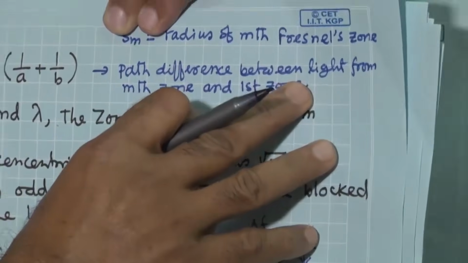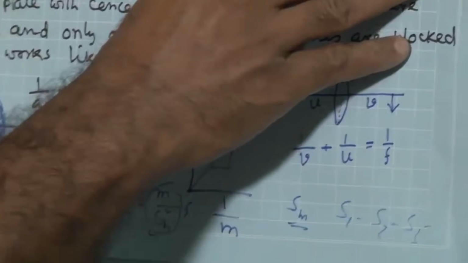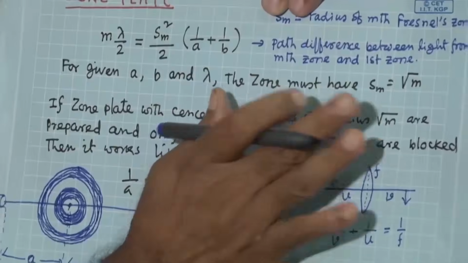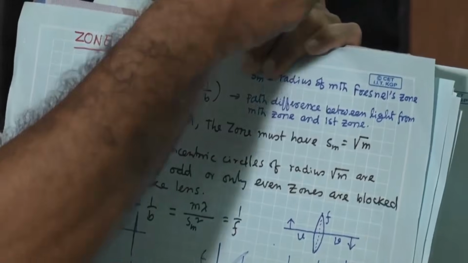This is the theoretical value. Now experimentally you can find it and compare whether it follows this relation or not. That is the experiment we will demonstrate.